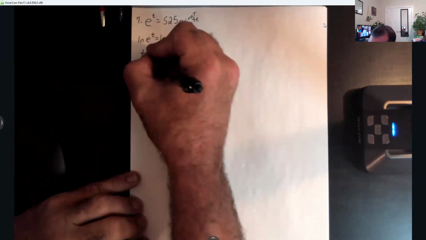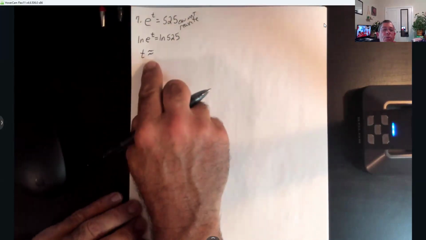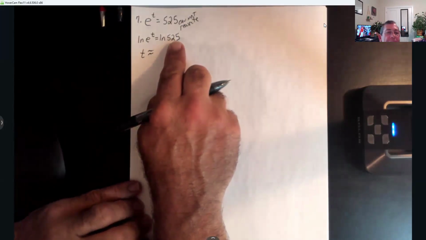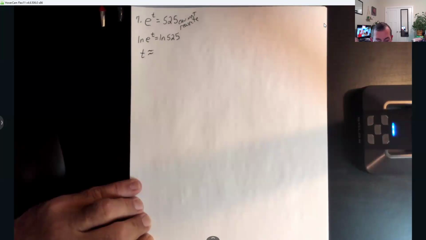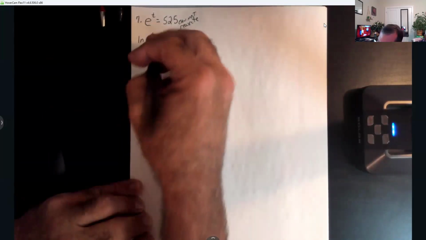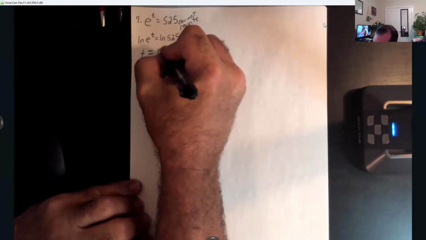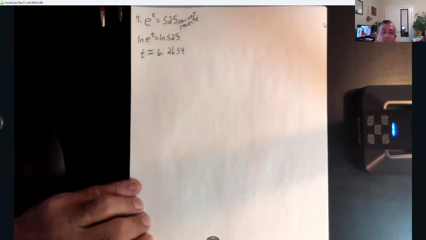All right, y'all, so we're going to have to approximate this one, so I need my little squiggly equals. So now we need the ln of 525. Well, y'all, the ln button is right by the 4 on your calculator, I think. Punch in 525, and that one should round off to 6.2634.